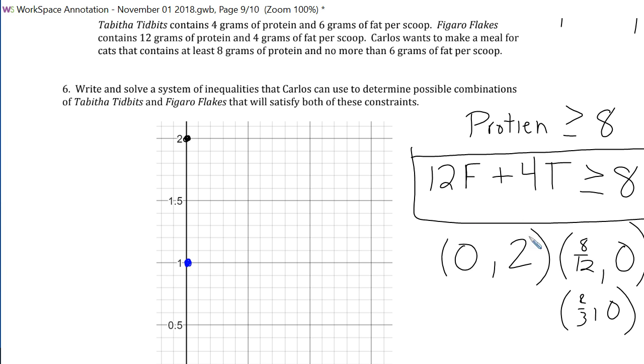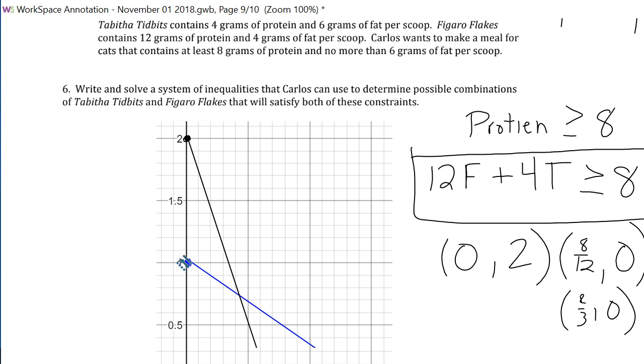Put in a 0 for t, and you get 4F equals 6, divided each side by 4, and you get 6/4. Okay, once again, this is filled in. Oops, so here, I got to go back in. So we've got this, and I erased that line from before, so let me reconnect it.